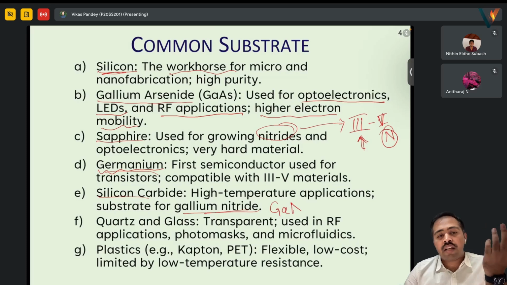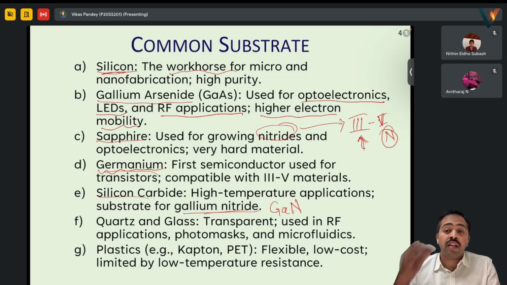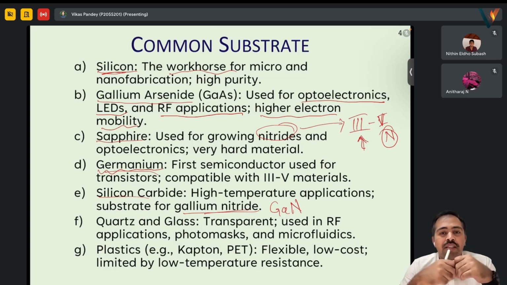Then quartz and glass are also used, specifically in RF application and photomasks. We will learn about lithography in subsequent lectures. There we will see something called a photomask, which is made of glass and quartz. And sometimes we have to work with microfluids, fluids flowing in microliters.